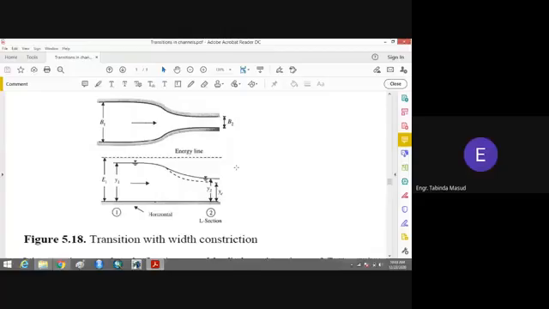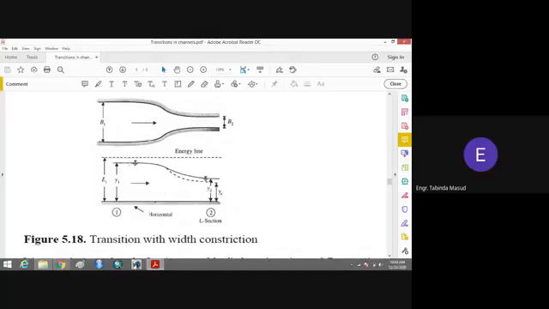Now imagine that there is a channel having mild slope and the actual width of the channel is B1. Here you provide the contraction and the channel has been contracted to the width B2. Since B2 is smaller than B1, okay, first look at this side view of the channel.